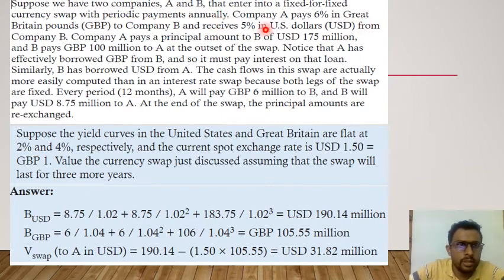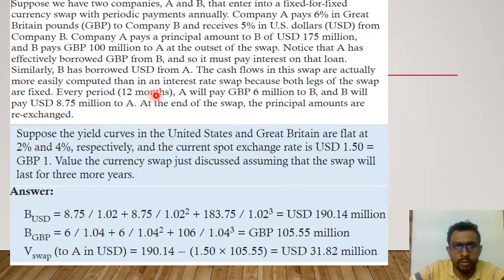Company A pays 6% in Great Britain pounds to Company B and receives 5% in US dollars from Company B. Company A pays a principal amount to B of USD 175 million and B pays 100 million GBP to A. Notice that A has effectively borrowed from B, and so it must pay interest on the loan, and similarly B has borrowed from A. The cash flows in the swap are actually more easily computed than in an interest rate swap, because both the legs are fixed.